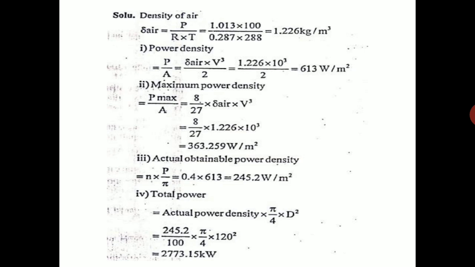So P by A, that is power density, is equal to density of air into V cube divided by 2. Density of air we have calculated 1.226. Air velocity is 10 meter per second. So I will take 10 cube divided by 2. We get this as 613 watt per meter square. Means in 1 meter square we can develop 613 watts.